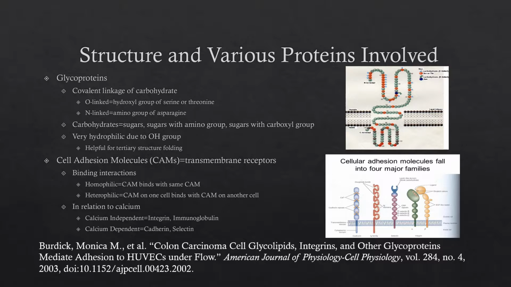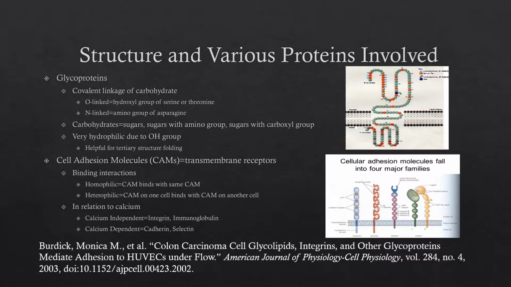Now, cell adhesion molecules are transmembrane receptors, and they have two different binding interactions. They could be homophilic, where the cell adhesion molecule binds with a cell adhesion molecule that is the same, or heterophilic, where the cell adhesion molecule on one cell binds with a different cell adhesion molecule on another cell.